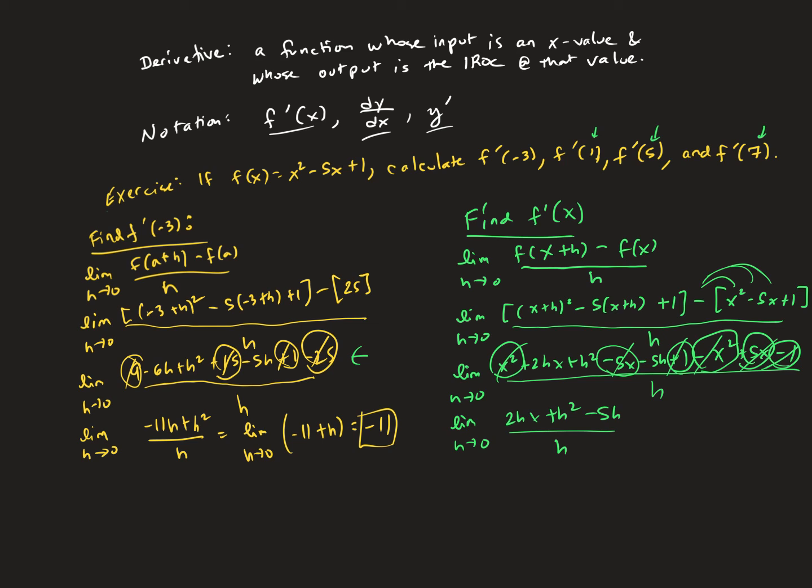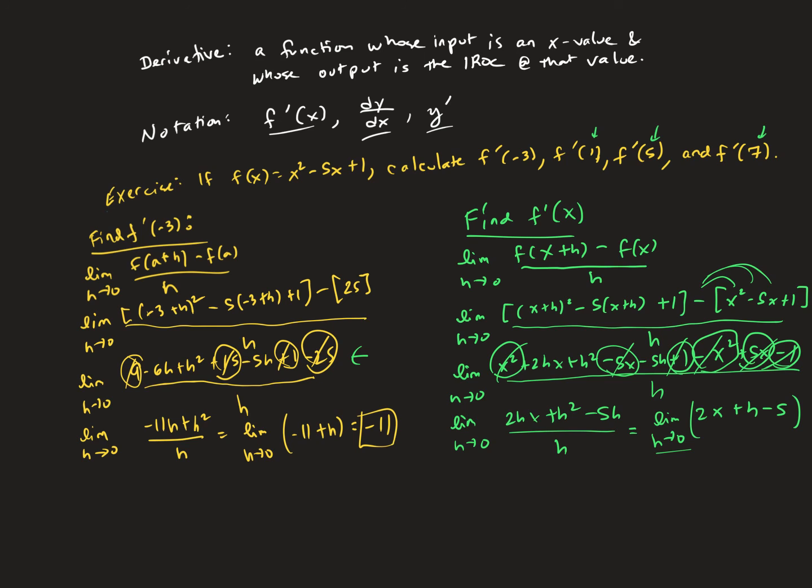So now we've got something where we can factor out an h on top. And cancel the h that's on the bottom. I would leave you with that. And now when I do my limit, h is approaching 0. That doesn't affect the x.